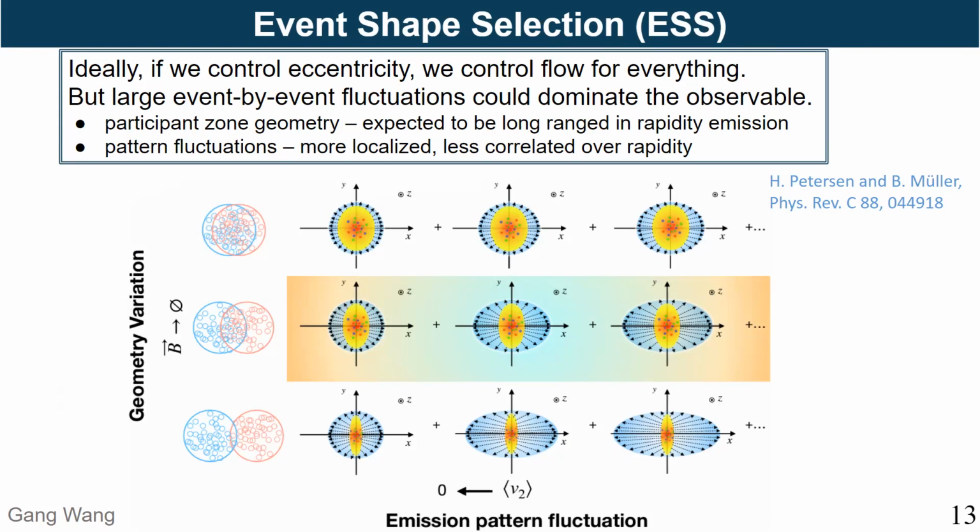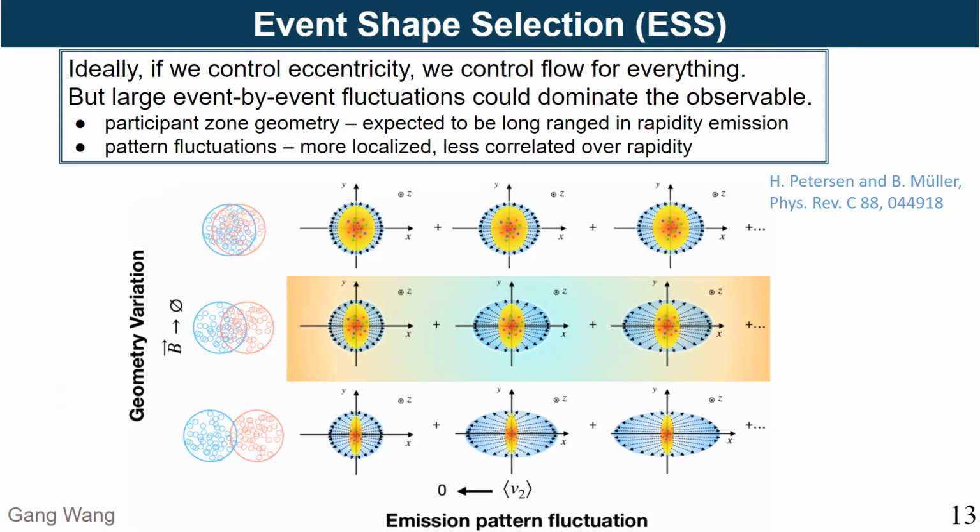So even though you have the same eccentricity, the different emission can give you a different background. That's why we should focus more on the particle emission. And to do that, we want to include the particle of interest into the Q, into the flow vector.